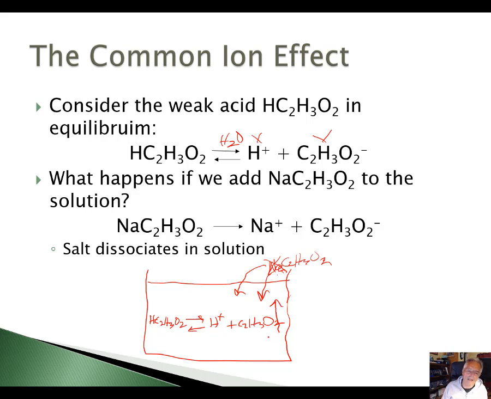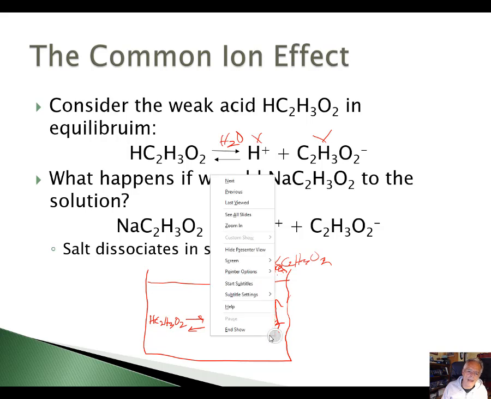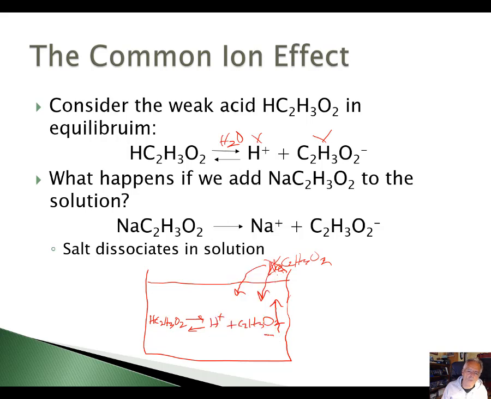What does Le Chatelier's principle say when I add some product to this reaction? What's the shift going to be? The shift will be away from the addition of product toward reactant. And so that is going to change my concentration of weak acid.